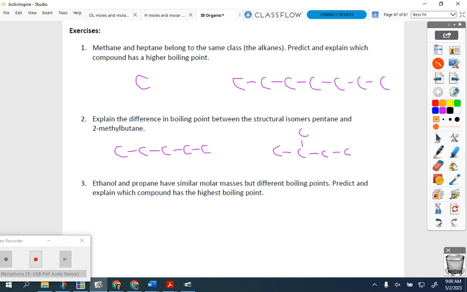So ethanol and propane. Okay, so anybody want to come up and draw ethanol and propane up on the board? Braden, come on up. That's correct. All right, so Braden's rocking the skeletal structure here.